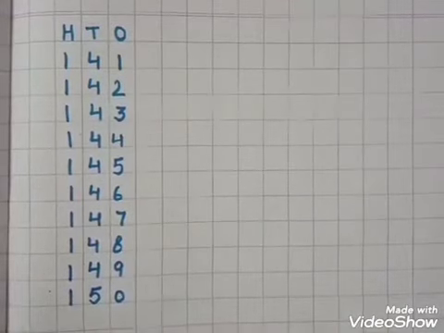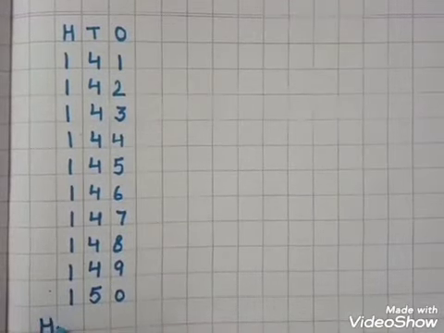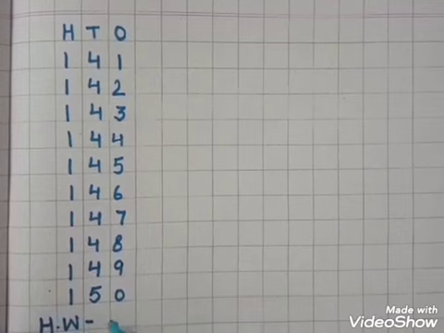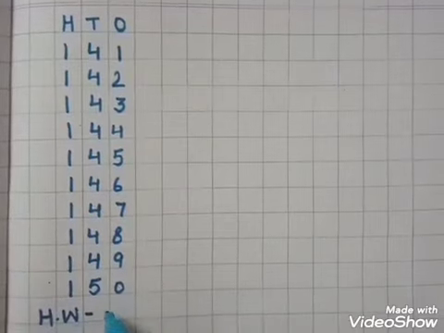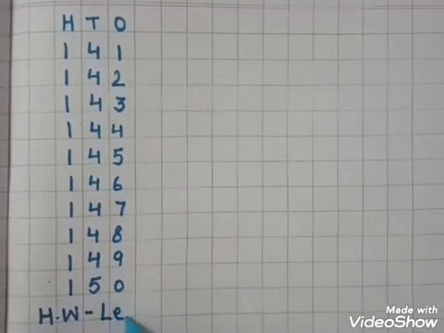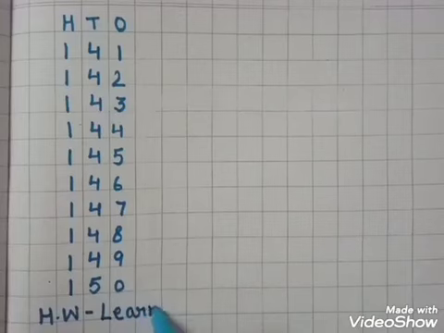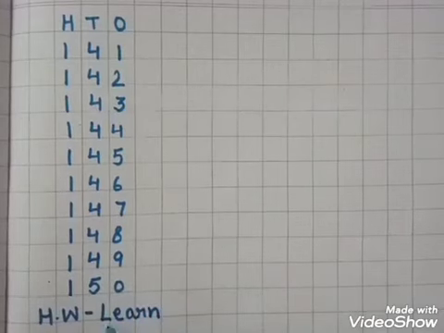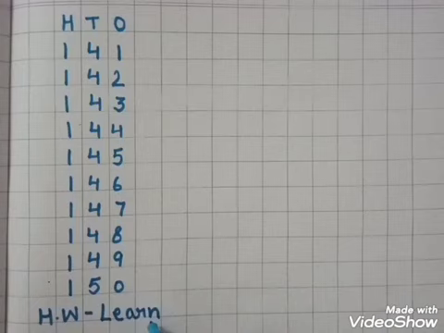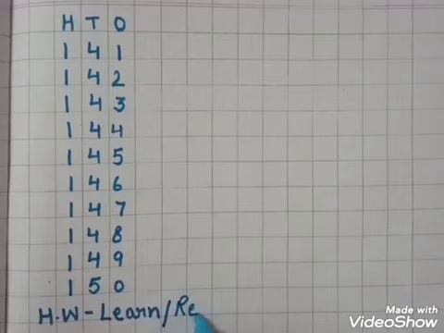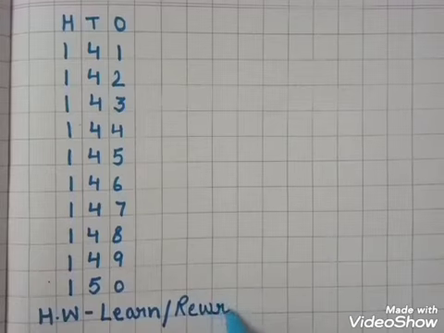Now write down HW. In homework you have to learn, L-E-A-R-N. L should be capital, E-A-R-N small letters. And here slash, write down R capital, E small, W small, R-I-T.